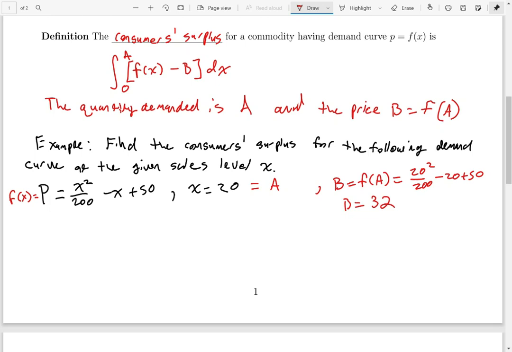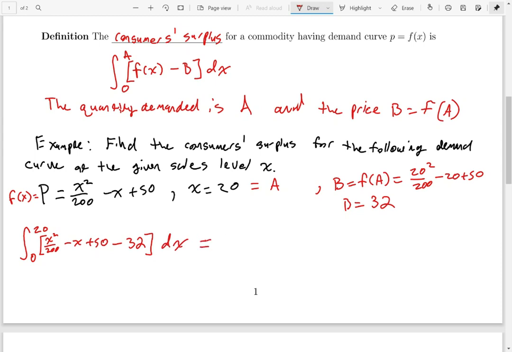Well then, all we need to do is take the integral from 0 to A, where A is 20, of our price curve, f of x minus the value B. And so our demand curve, price curve, is x squared over 200 minus x plus 50, and then minus the value B, which we have found to be 32, dx. And so this will give us the consumer's surplus.